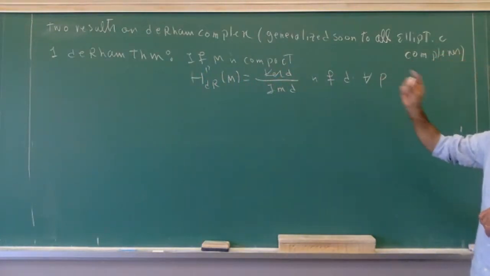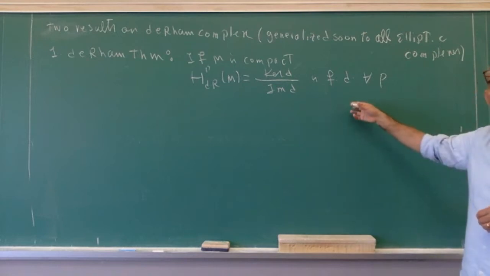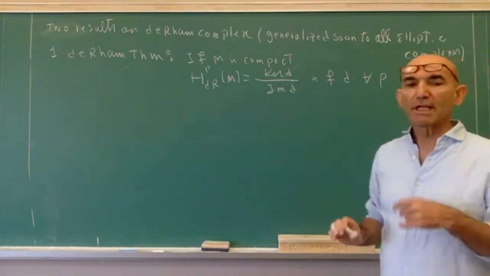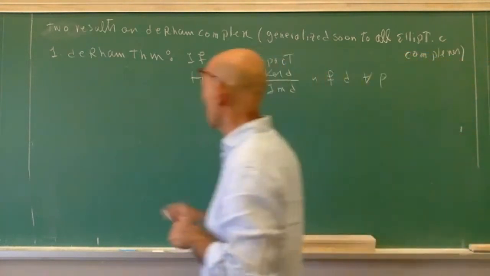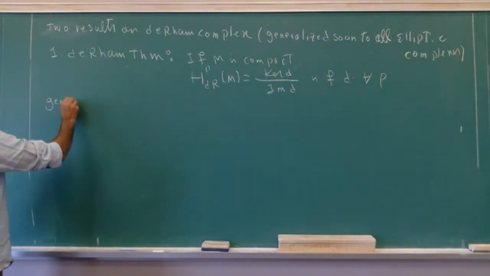That's a standard result. Now you can see how this is going to be generalized: if you have an elliptic complex over a compact manifold, its cohomology is finite dimensional.